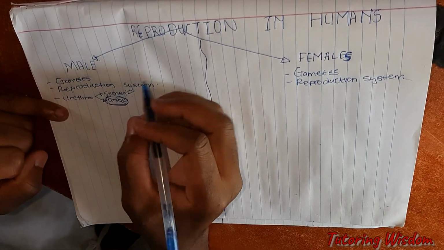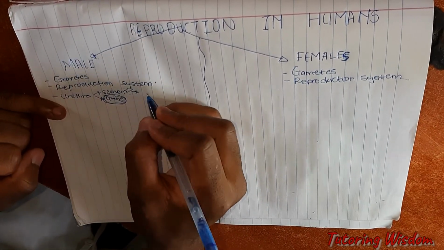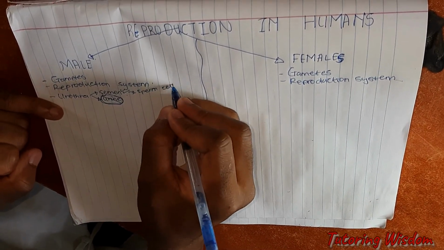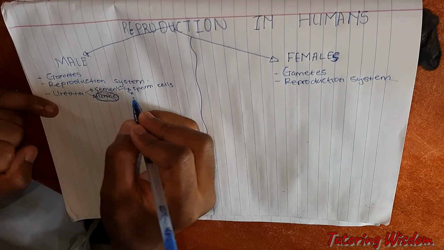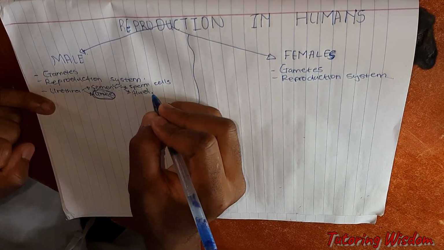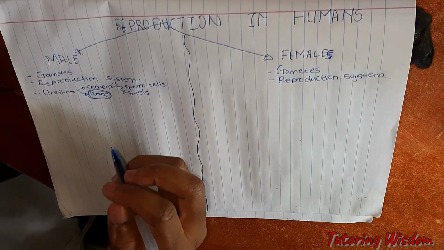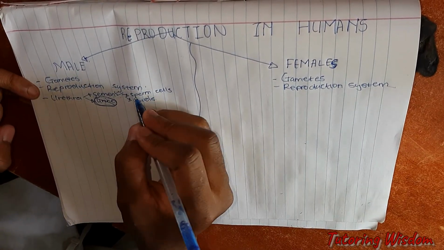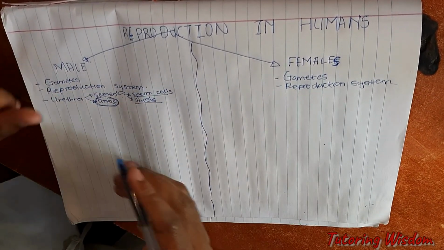Remember, semen is a combination of sperm cells and fluids from the male reproduction system's glands. So we get sperm cells and fluids.